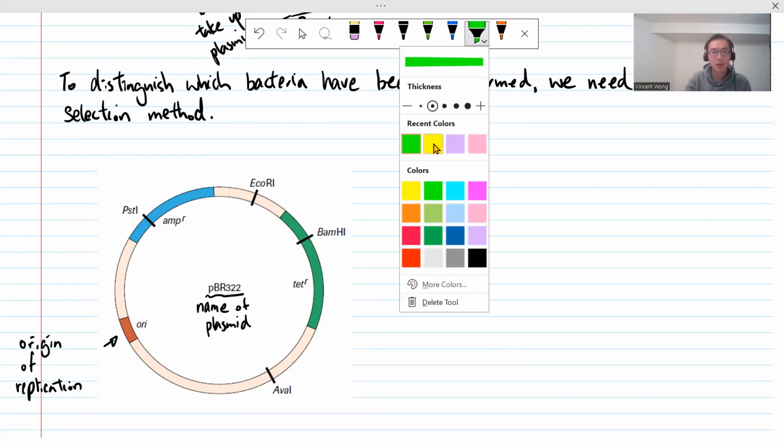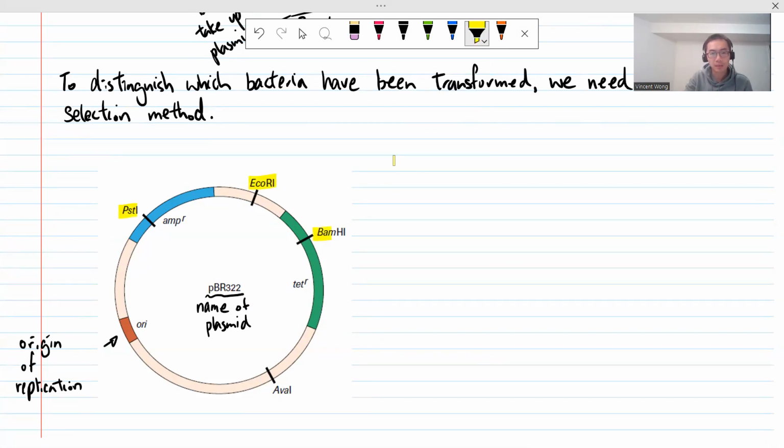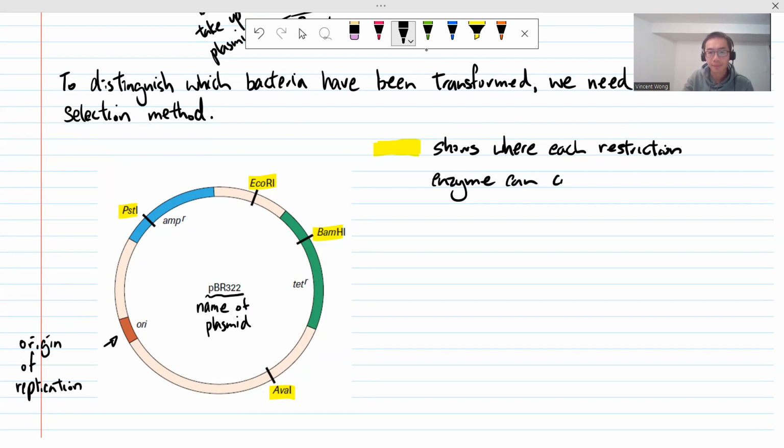And all these names on the outside of the plasmid, it shows where each restriction enzyme can cut. In other words, these are insertion sites for genes.